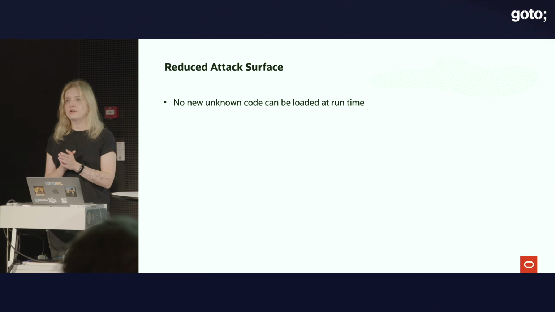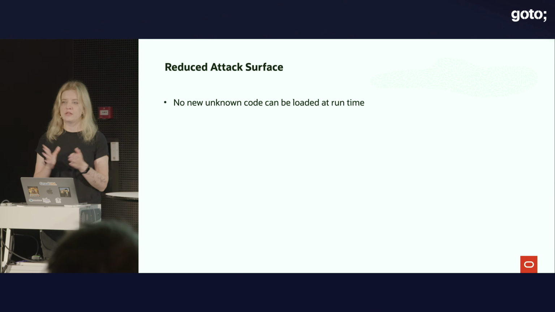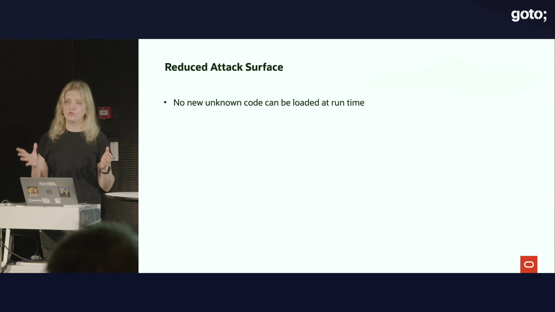One, since there is no dynamic code execution at runtime, there is no new unknown code that can be loaded at runtime. So everything needs to be known in advance at build time because the way we compile those applications ahead of time is under a closed world assumption. So everything there is to know about the application needs to be known at build time, and no new code can be loaded anymore when you actually run your application.